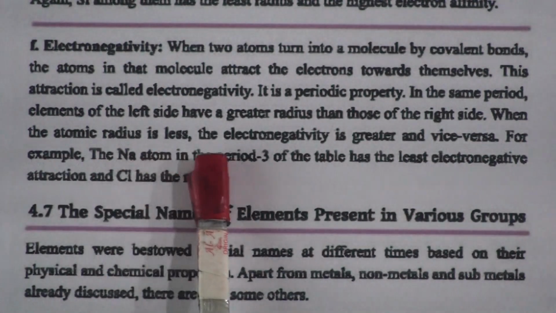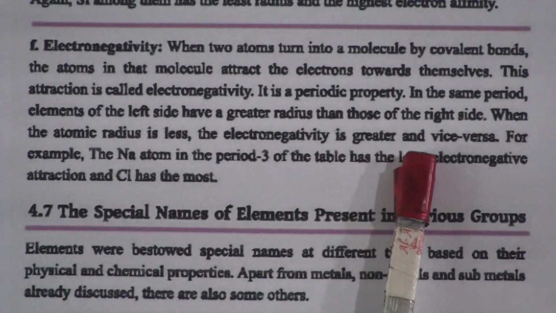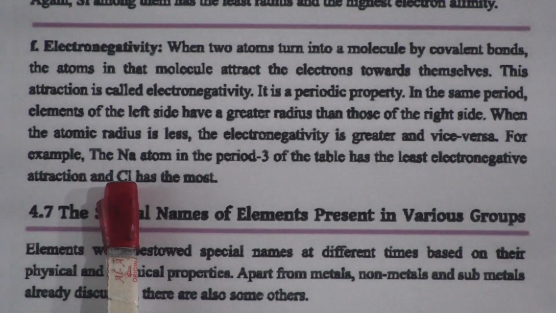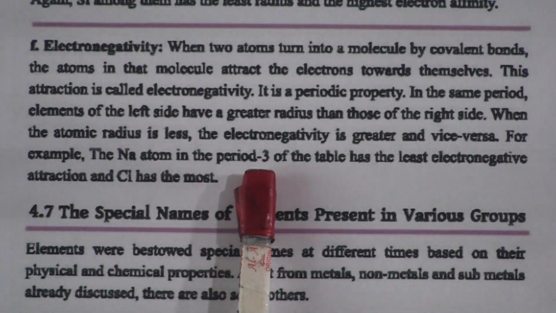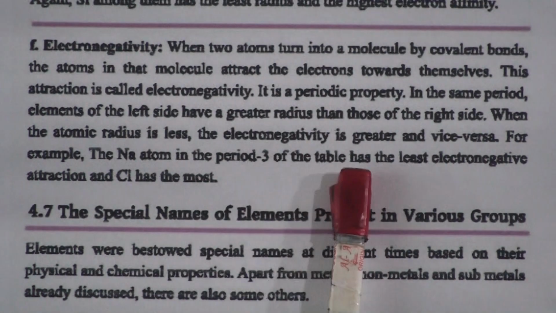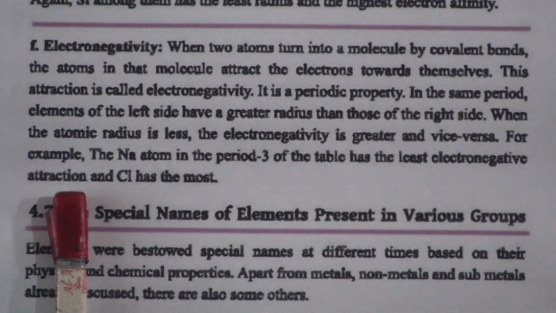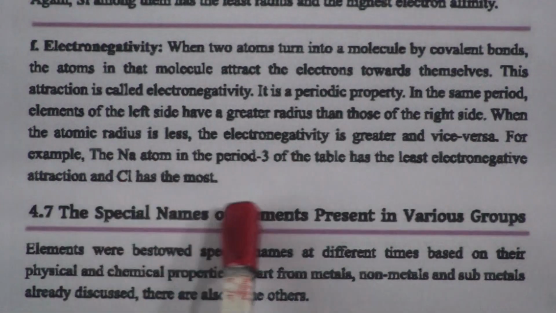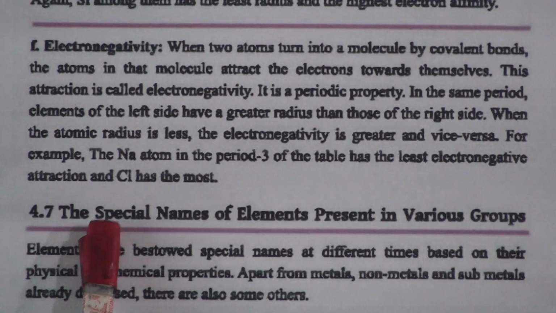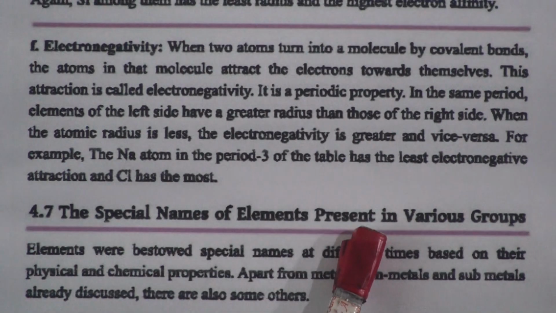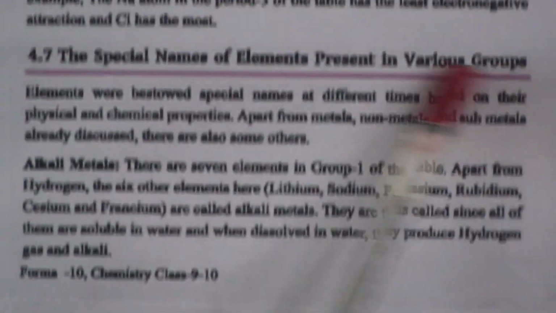When the atomic radius is less, the electronegativity is greater, and vice versa. For example, the sodium atom in period 3 of the table has the least electronegativity, and the chlorine has the most.